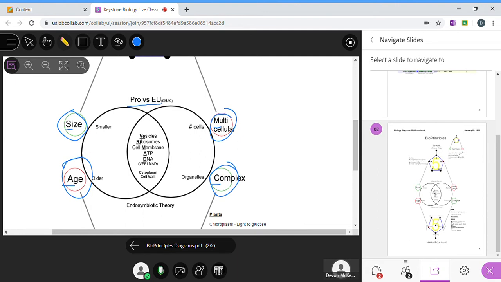Well, when you have a sporting event and you have 2 different teams competing with each other, they have fans, and those fans want their team to win, and they usually talk smack about the other team and the other fans. And that's what you see here. You see the prokaryote team and the eukaryote team, and they're talking smack, and smack are their differences. Notice smack is outside of the center area.